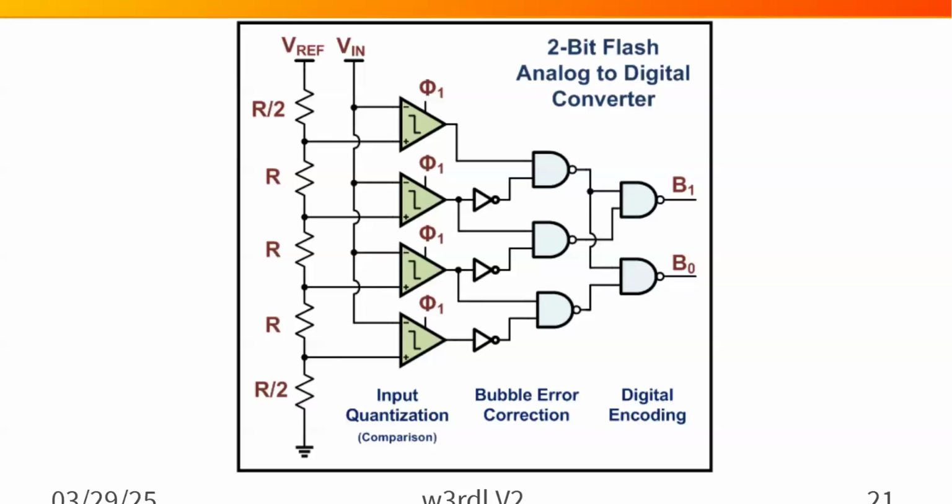So in a flash, there's a block diagram of what a 2-bit flash converter looks like. Since it's 2 bits, there's 4 states, so you're looking at 4 different reference voltages, and you're comparing the input signal to those taps, which give you different reference voltages. Depending on what your input is, these comparators are going to give you a 1 or a 0 output.